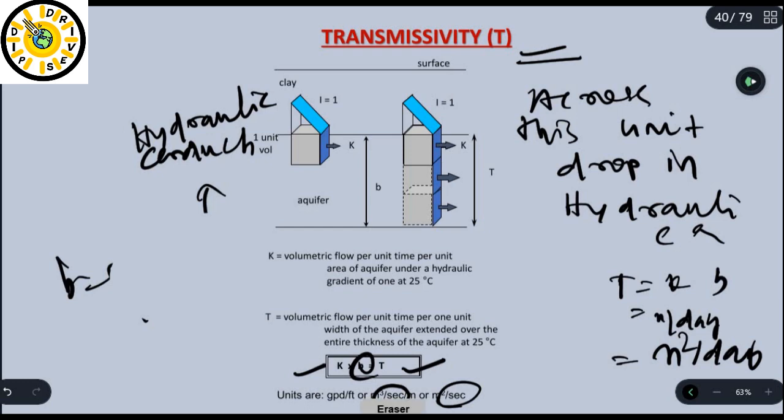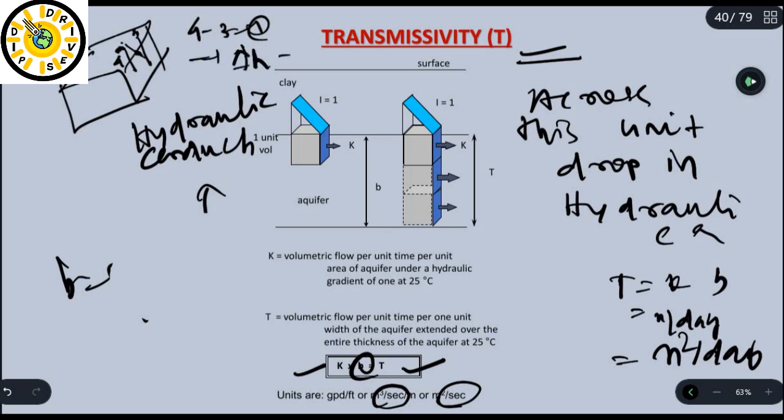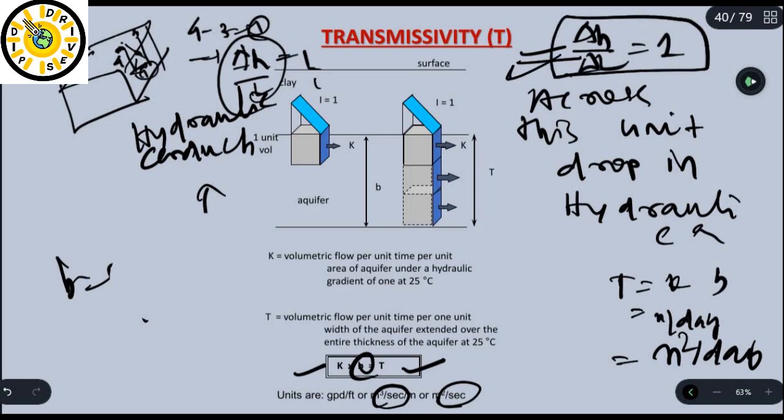The hydraulic gradient is unitless. Take a profile, suppose this is a well, its head is, say, 4 meters, and this one's head is 3 meters. So 4 minus 3 is 1. So delta H is 1 over a length that should also be 1, so delta H by delta L is 1. This is called the hydraulic gradient.